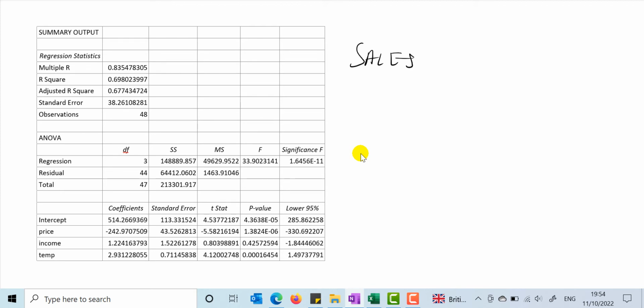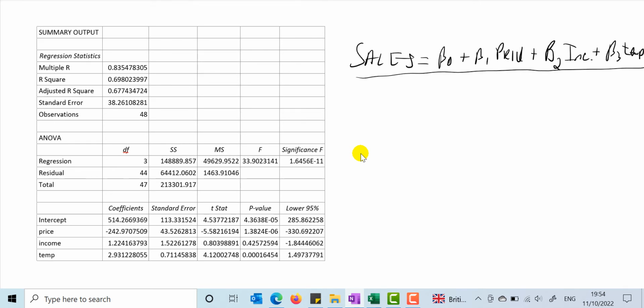Sales now is equal to beta 0 plus beta 1 price plus beta 2, oh sorry, beta 2 income plus beta 3 temp. So this is our new equation, multivariate regression model.